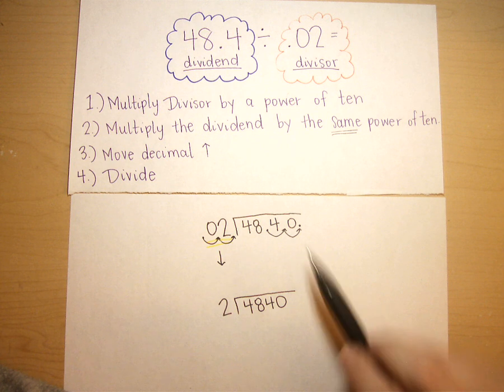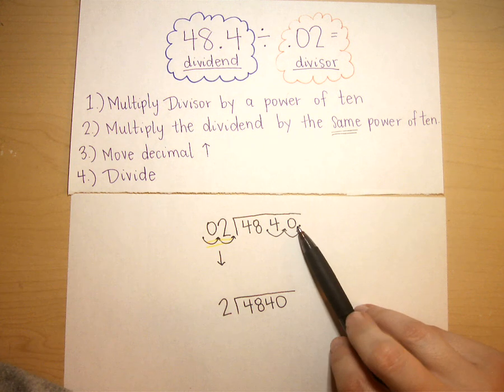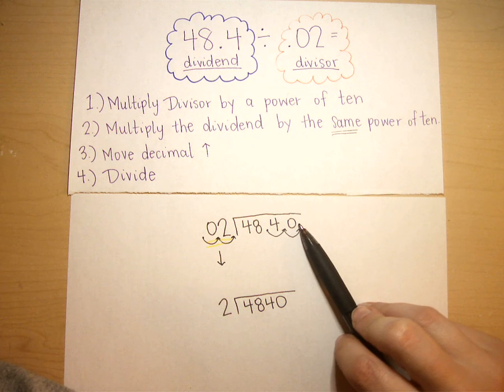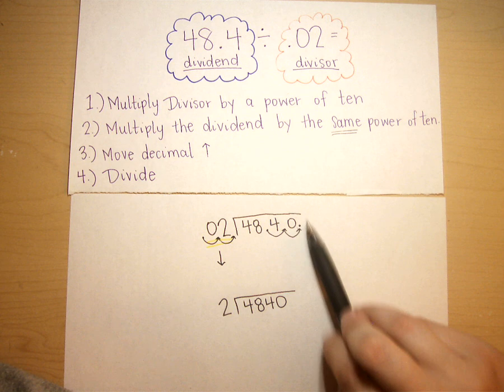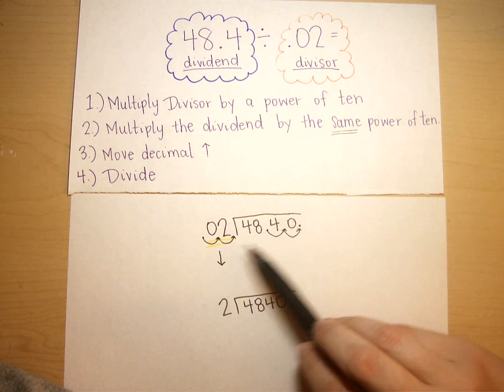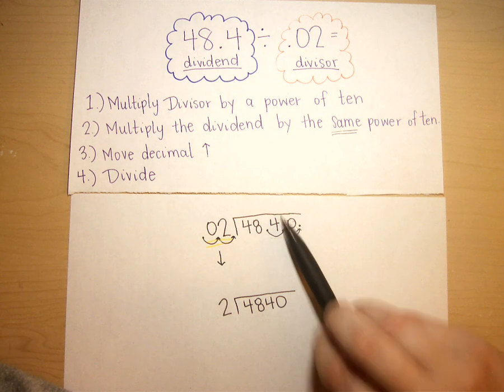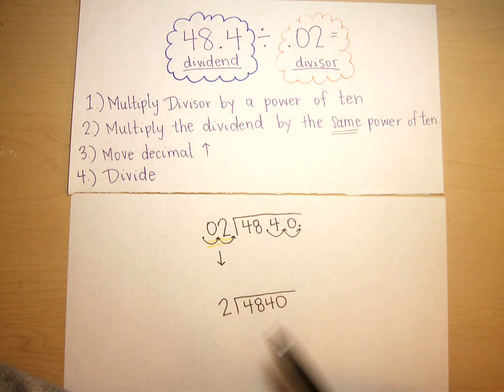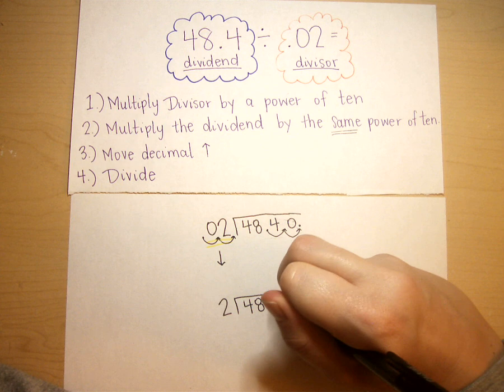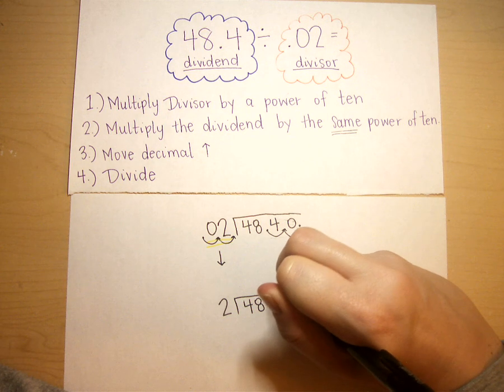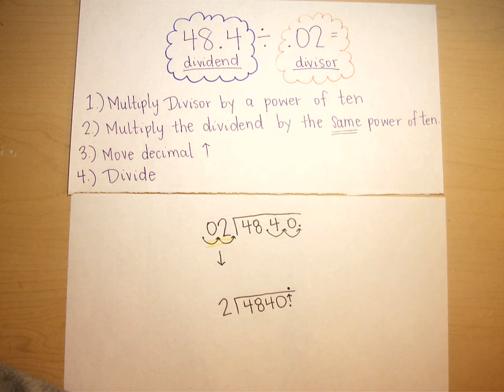For this problem, the decimal is at the end of the number, but step 3 is super important because sometimes when we multiply by a power of 10, we're still going to have a decimal in our dividend that we have to move up no matter where it is. This problem, we don't have one like that. We'll move it up, and it's going to be sitting here behind the number. So then I know that my answer is going to be a whole number.